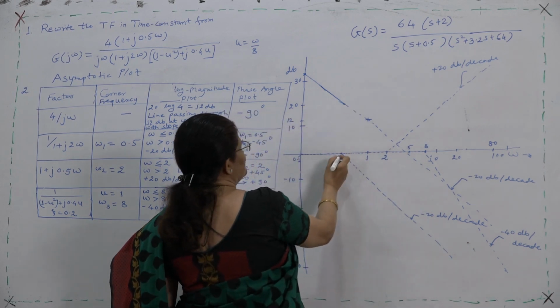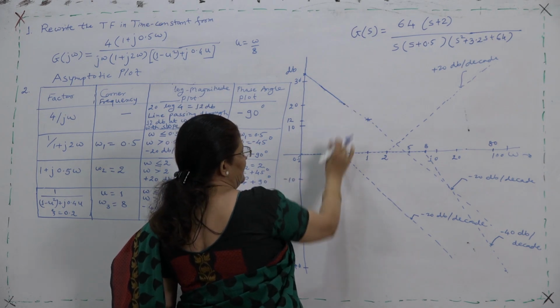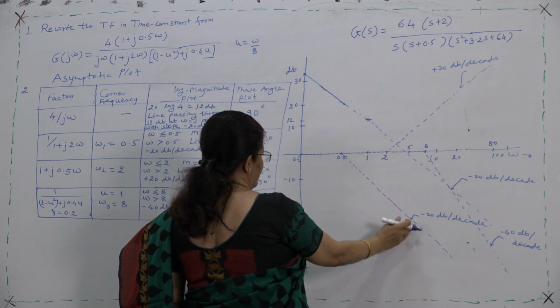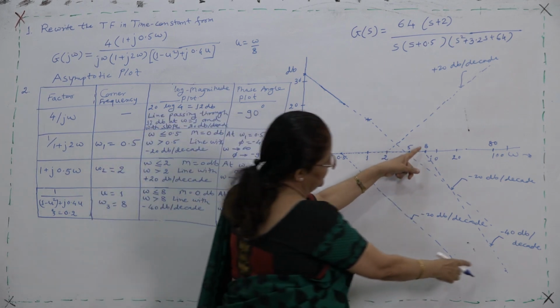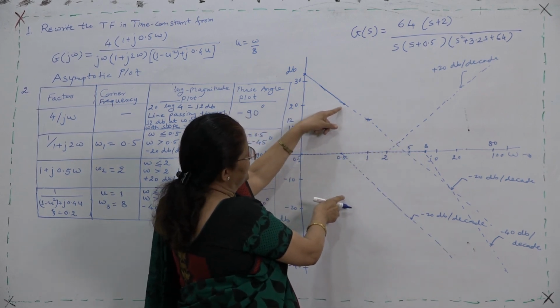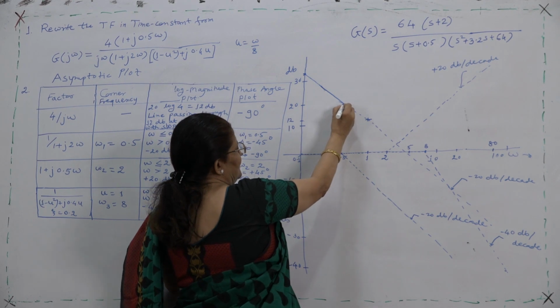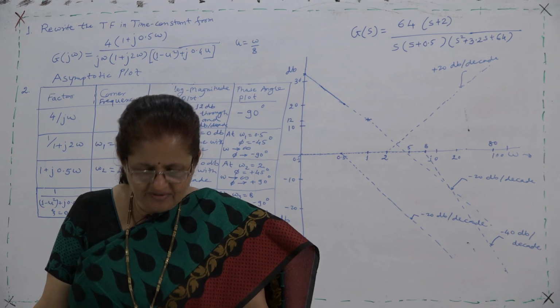Otherwise, you have to observe what is the value at 0.5 you are getting. Take one decade and make a minus 40 dB within that. As you have minus 40 dB per decade line, take the same slope, okay, and draw a line. Okay. So, draw a line.